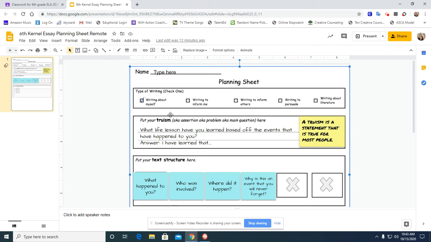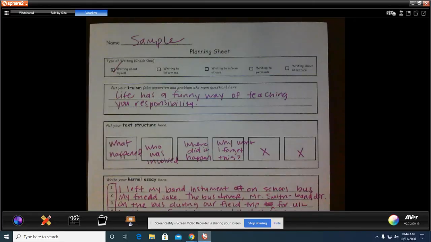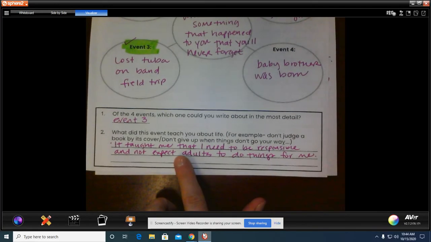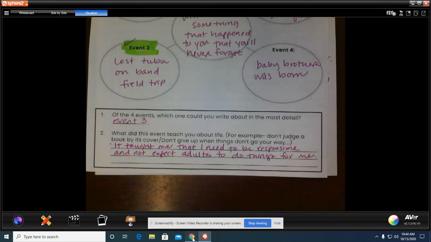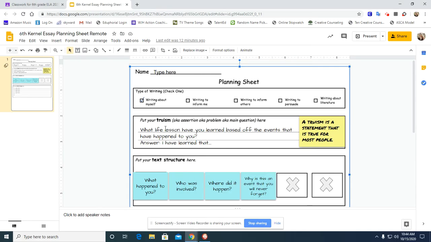A truism is just a fancy word for a statement that is true for most people. So what I'm going to do is take the sentence that I wrote down here, and I'm going to put that as my truism right here.